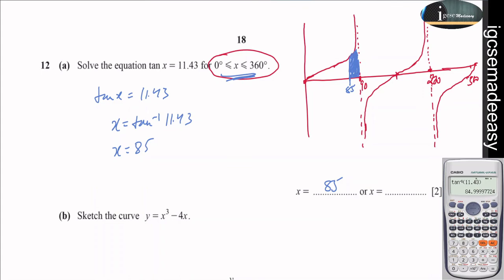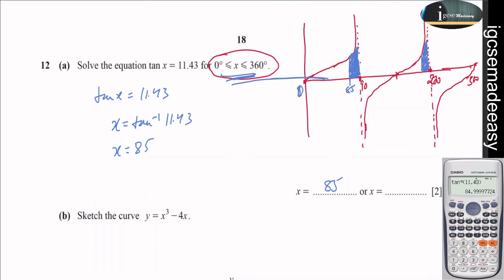Then where can I get the same value? That's what the question is: another value of x. I can get the same value here. See the symmetry. 270 is also having the same case. We will get answers behind this also, but we want the answer between 0 and 360.